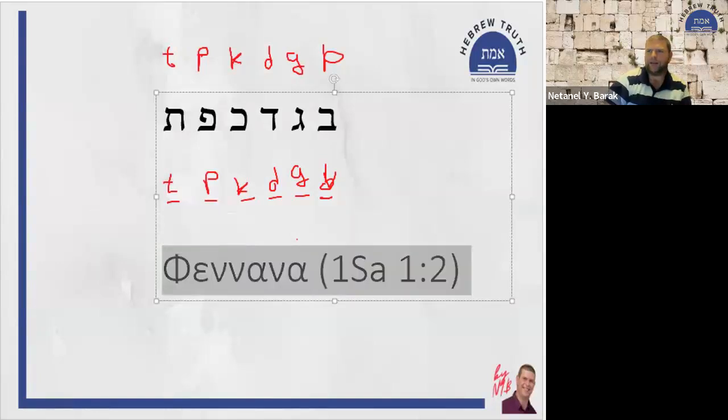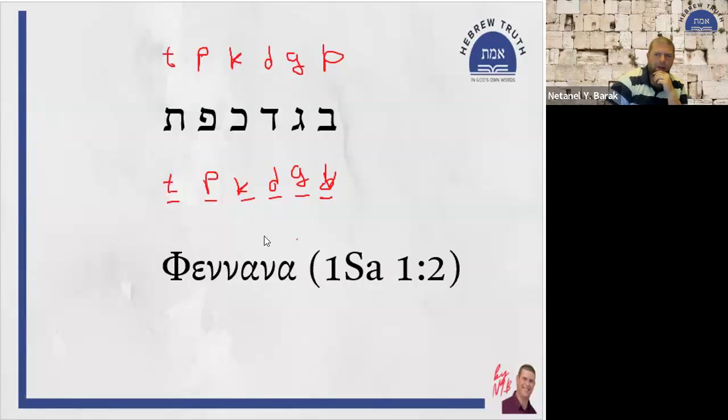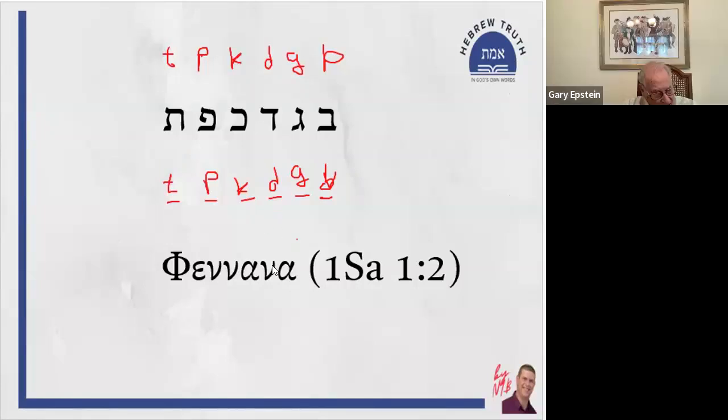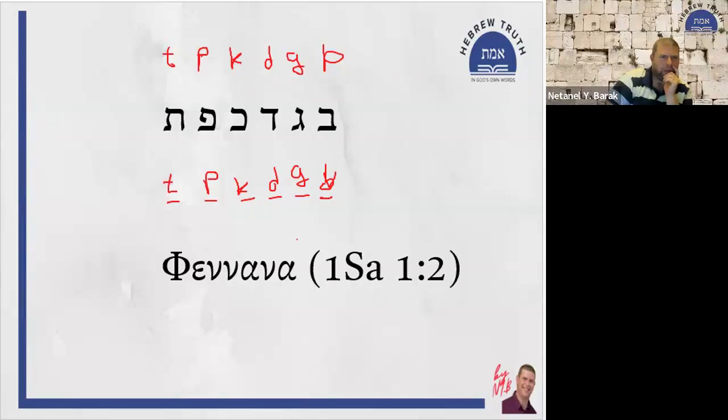I don't like this font, I'll change the font. Ah, this is a better font. Do you see the Greek name Fenana? Same goes for Pinchas that we've demonstrated already.